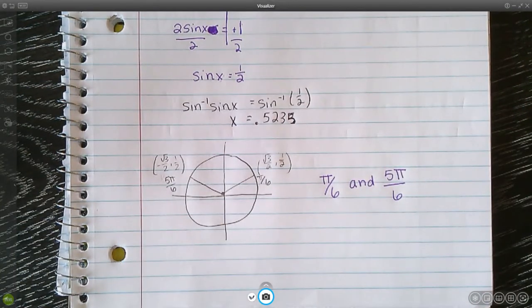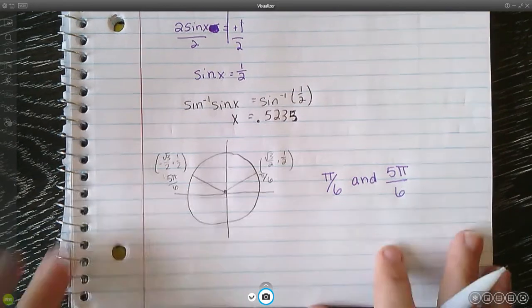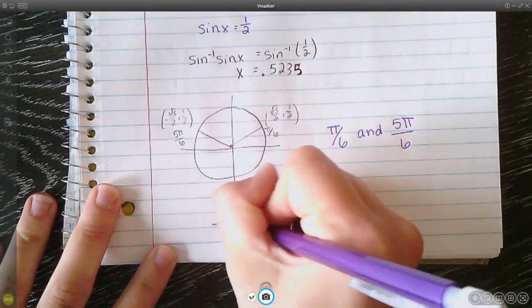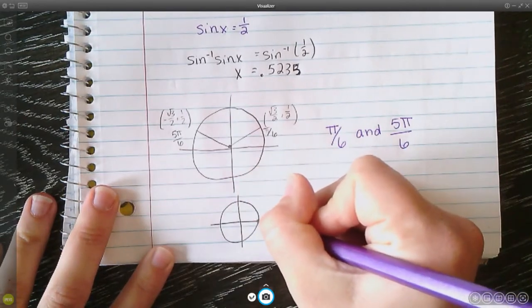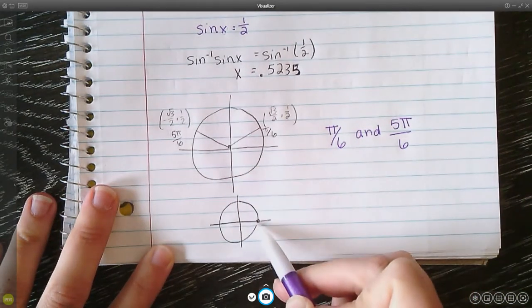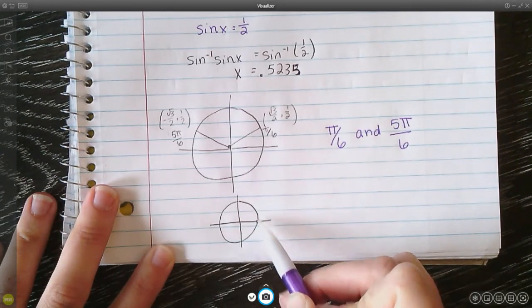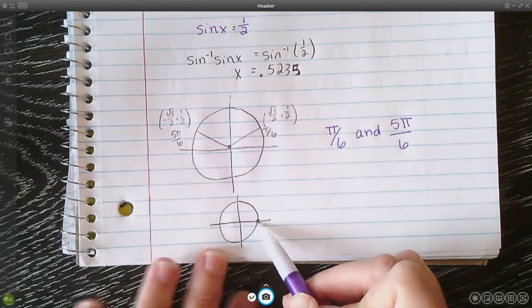So now, believe it or not, we are not done with this problem. I'm going to talk in degrees for a second because I think our minds work a little bit better in degrees. Do you agree that right here, this is 0 degrees? But if I go around the circle, I'm at 360 degrees. If I go around again, I'm at 720.